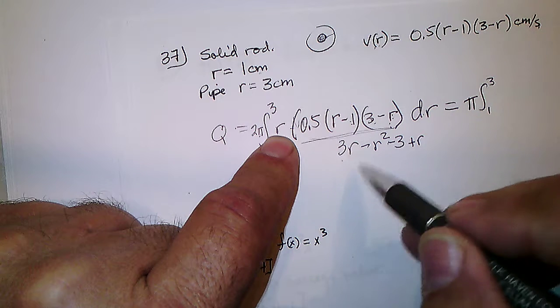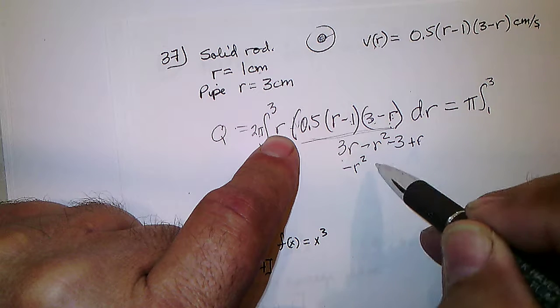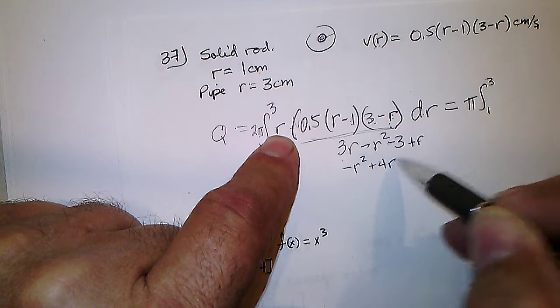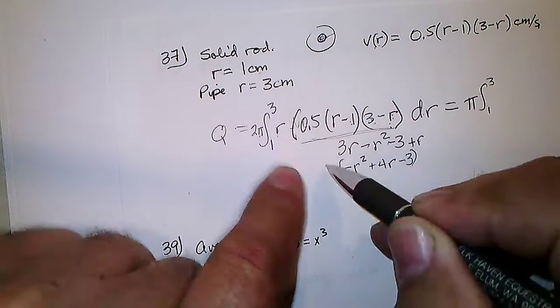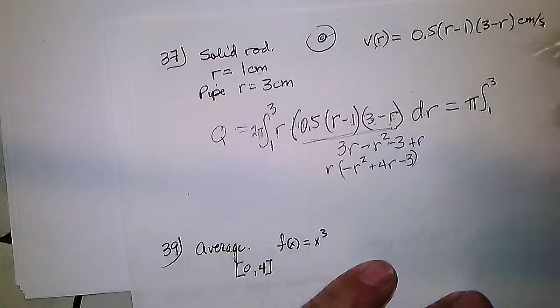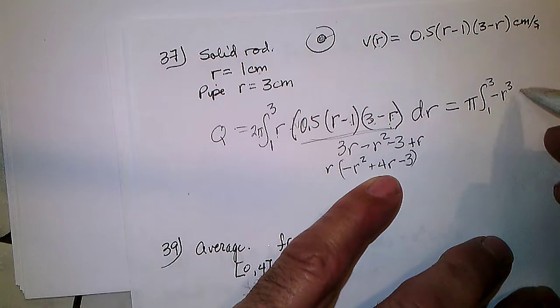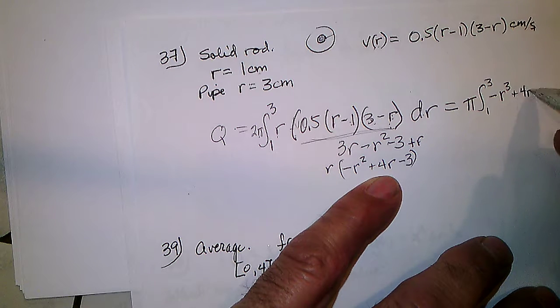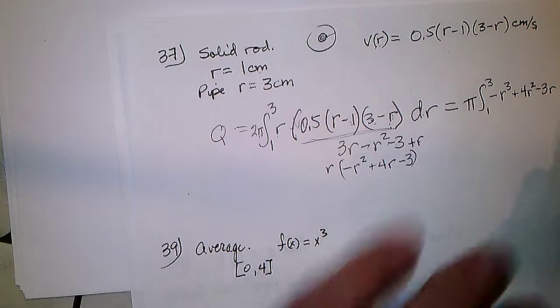So that's minus r squared plus 4r minus 3 all times r. So we got minus r to the third plus 4r squared minus 3r dr.